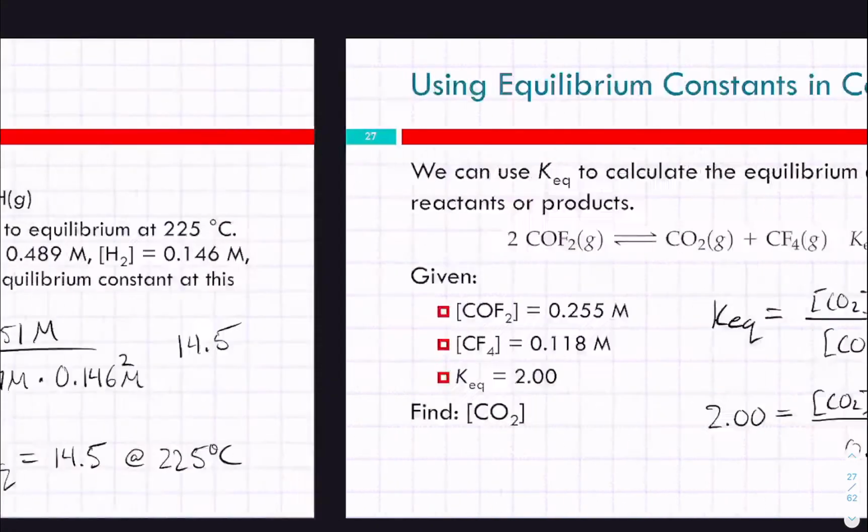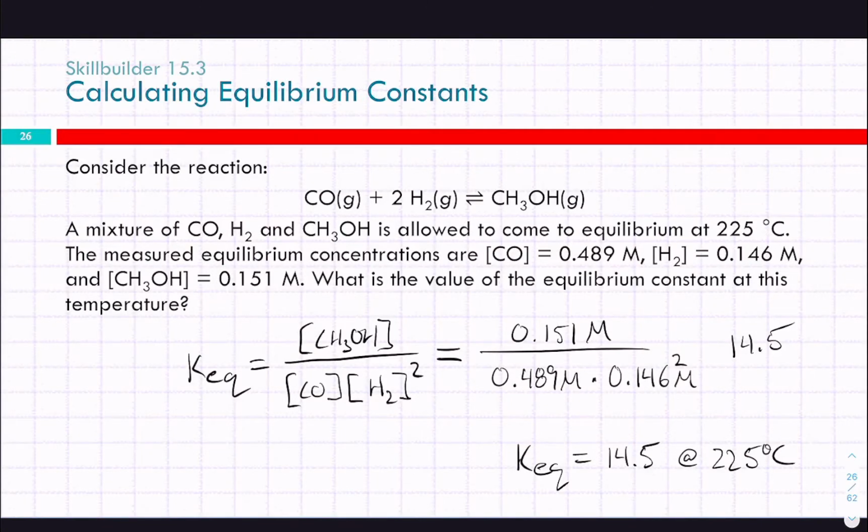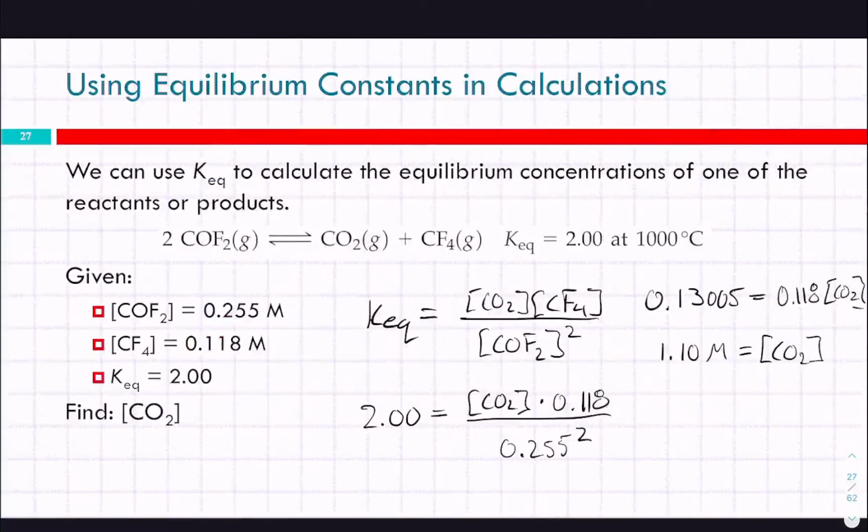If we know the concentrations of the reactants and products at equilibrium, we can calculate what that ratio is. And if we have the equilibrium constant and the concentrations of everything at equilibrium except for one species, we can use those numbers to calculate that species.